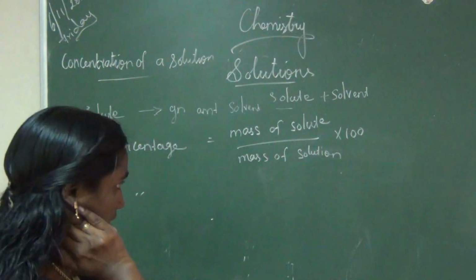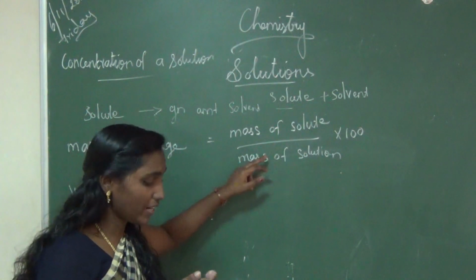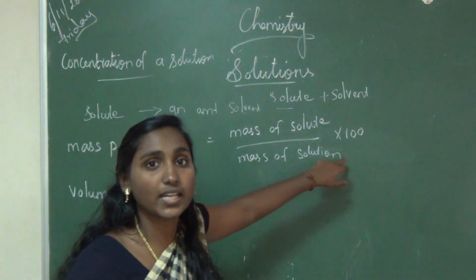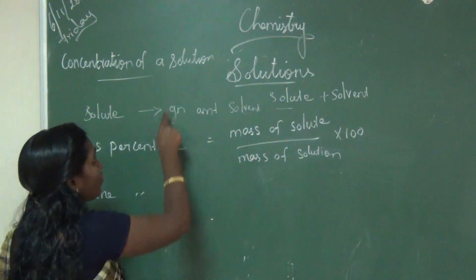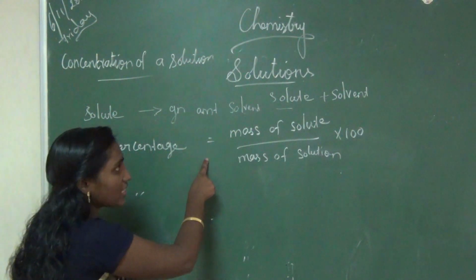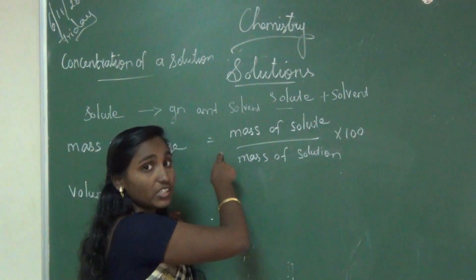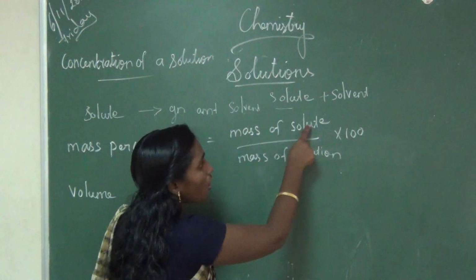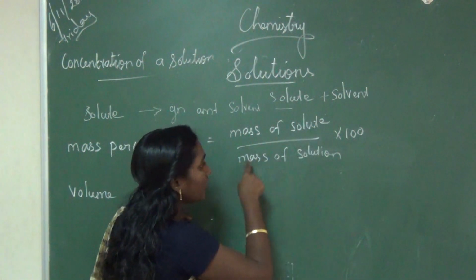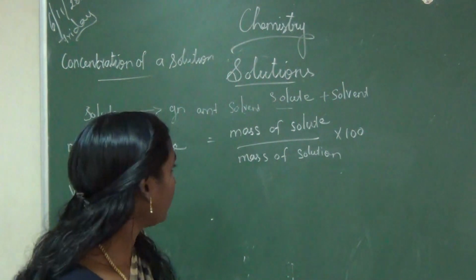You should write the words percentage by mass. Have you understood?